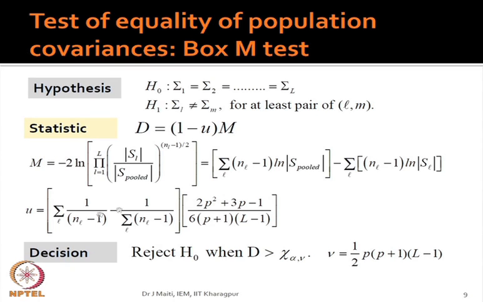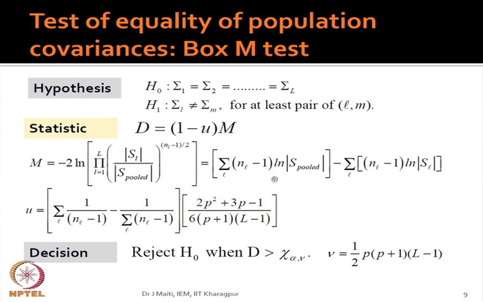And why have we taken log? The log is taken to make it linear, because it is a multiplicative one. To make it a linear one, the log is taken here like this. So when you take minus 2 log, it comes like this. This quantity is linearized like this: summation over L of N L minus 1 log S pooled minus summation over L of N L minus 1 log S L.